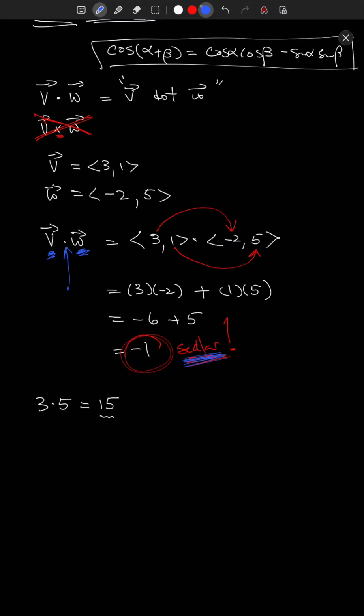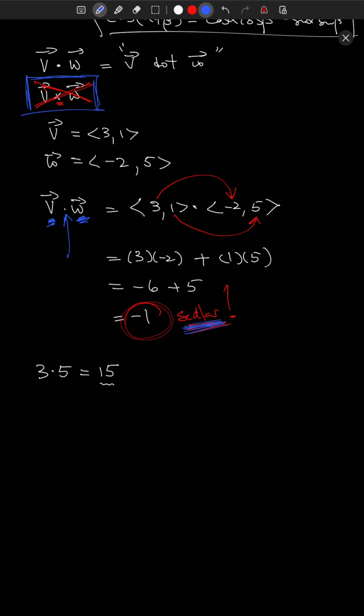Whereas, if you do take more math and you talk about the cross product in the future, the cross product of two vectors is actually a vector, but it has its own unsatisfactory features. One of them is that v cross w is not the same as w cross v, which is very, very bad. But you'll talk about that when you get to it in the future.